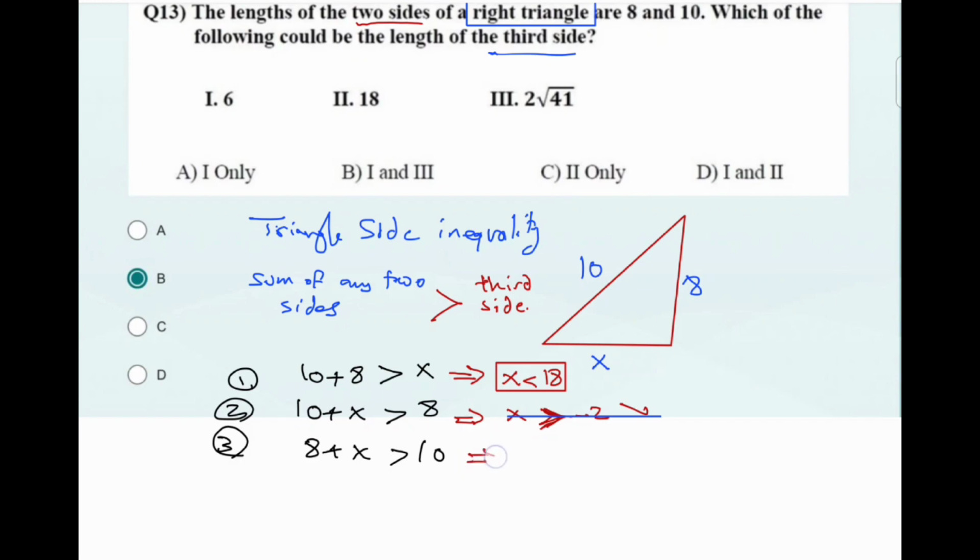And the third condition says that x must be greater than 10 minus 8, which is 2. So from these conditions, we have that x must be greater than 2 but less than 18.